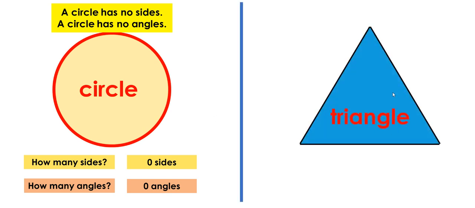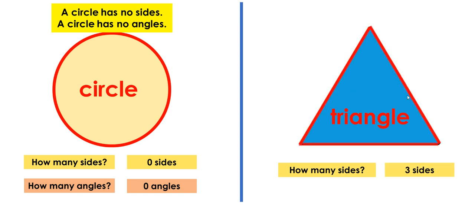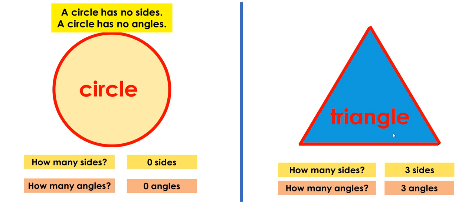The next one we have is the triangle. Do you know how many sides does the triangle have? Let's count them. It's 3. 1, 2, 3 sides. And do you know how many angles? 3 angles.